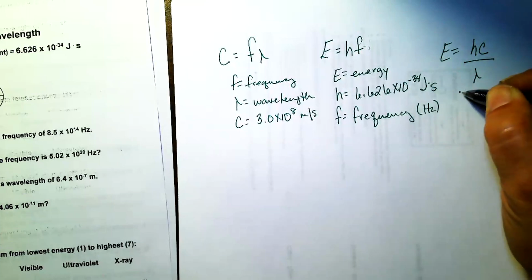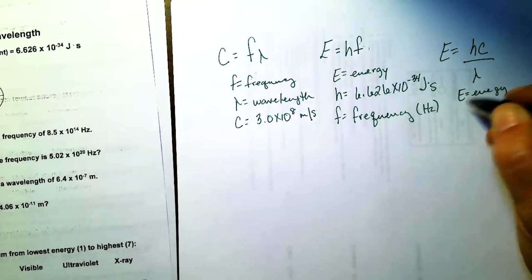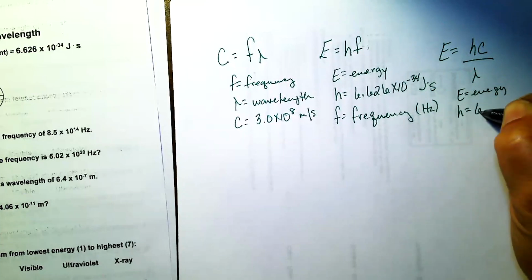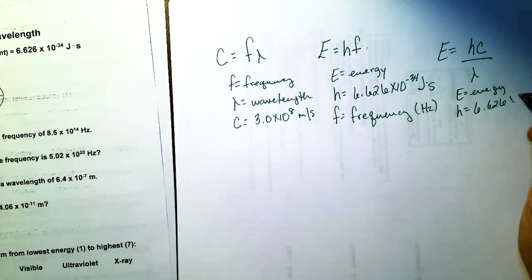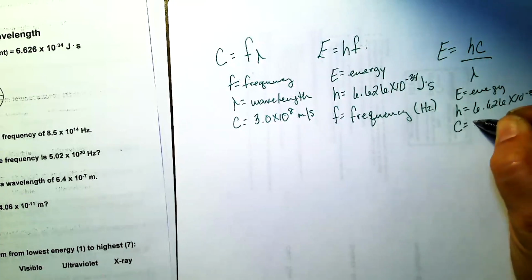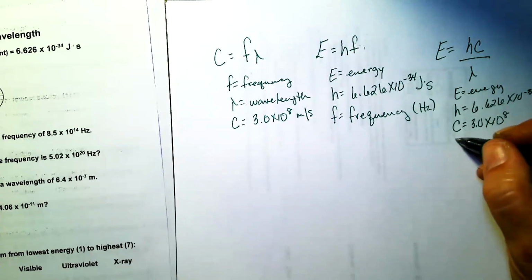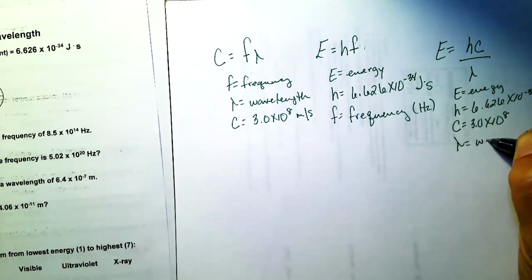So same thing: E is energy, h is Planck's constant, c is the speed of light, and lambda is wavelength.